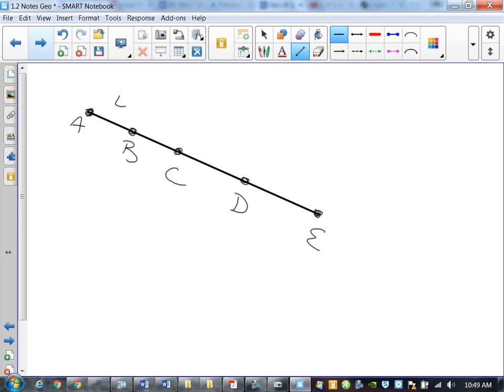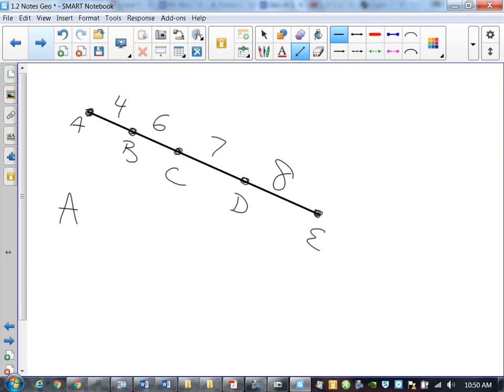If this is 4, 6, 7, and 8, how far is the whole trip? 8? No, 10. Wait. 25, right? I counted with my fingers. 25.